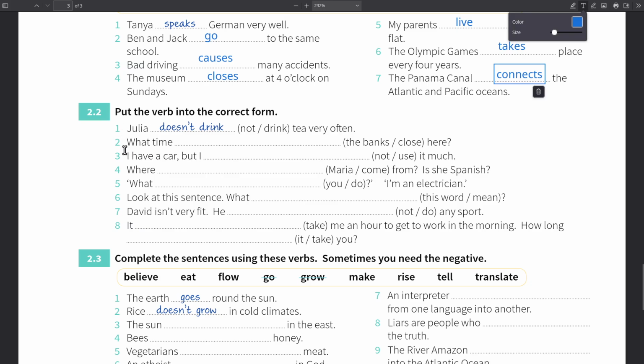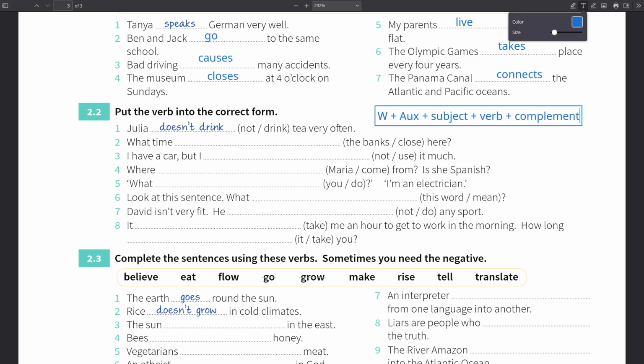What time? What time, right? The banks is the subject, and close is the verb. Here's the complement. So remember what the structure is: we have the question word plus an auxiliary plus the subject plus the verb plus the complement, or in this case the object.